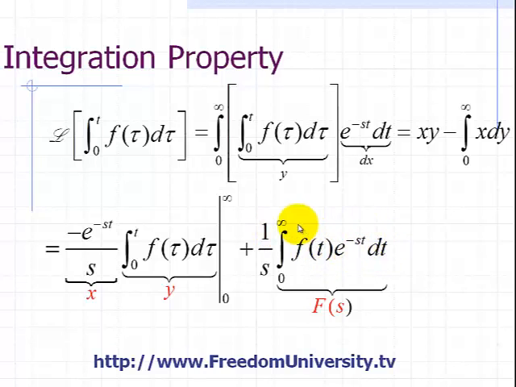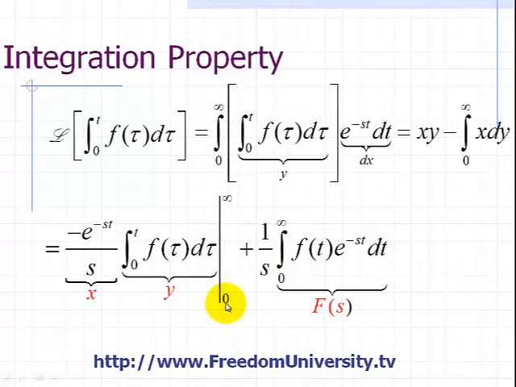Okay, but what we note here is our definition of a Laplace transform. F of t e to the minus st dt integrating from 0 to infinity is our definition of the Laplace transform. Now let's take a look at the upper and lower limits in this first term here. We could see here when we substitute t equal to infinity, this goes to 0.